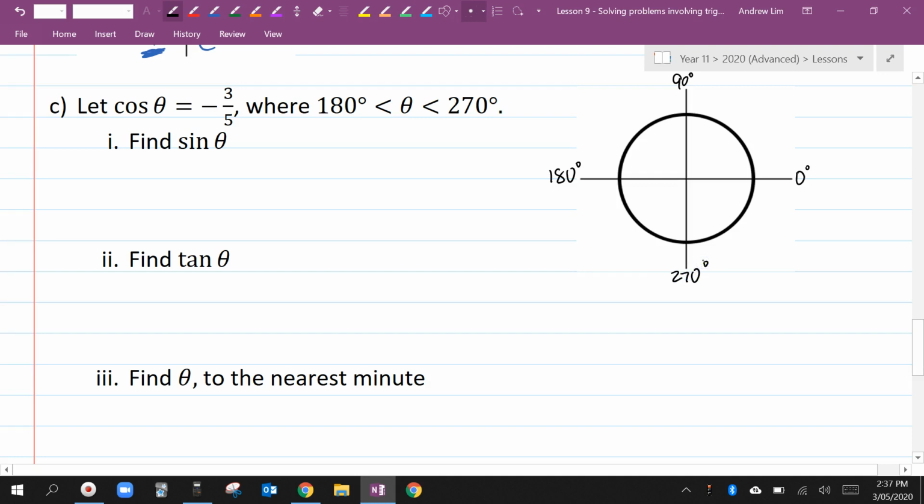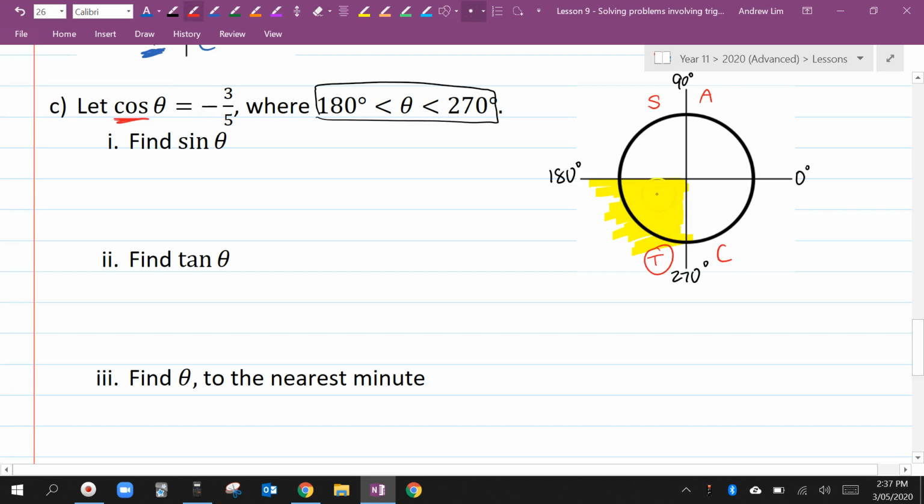So we know that the angle lies in between these two, so it's in the third quadrant. It's going to lie in this quadrant right here. Alright, and because it's all stations to central, only tan is positive here, and that is why cos is negative.